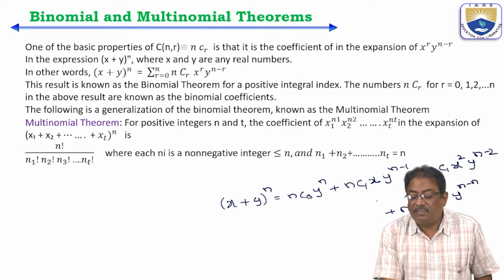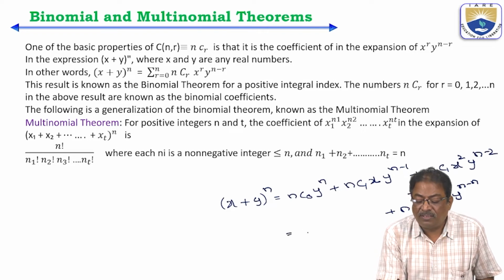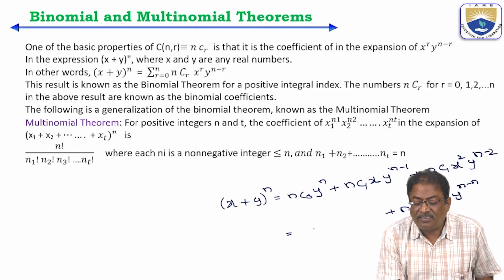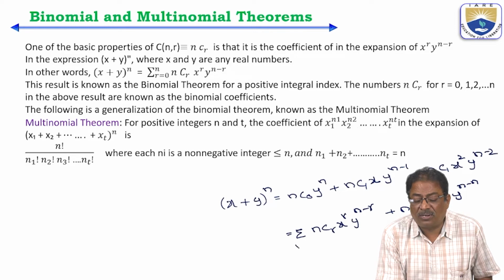So this is the general binomial expansion, and we write it as nCr x to the power of r y to the power of n minus r, with the summation for r equals 0 to n.